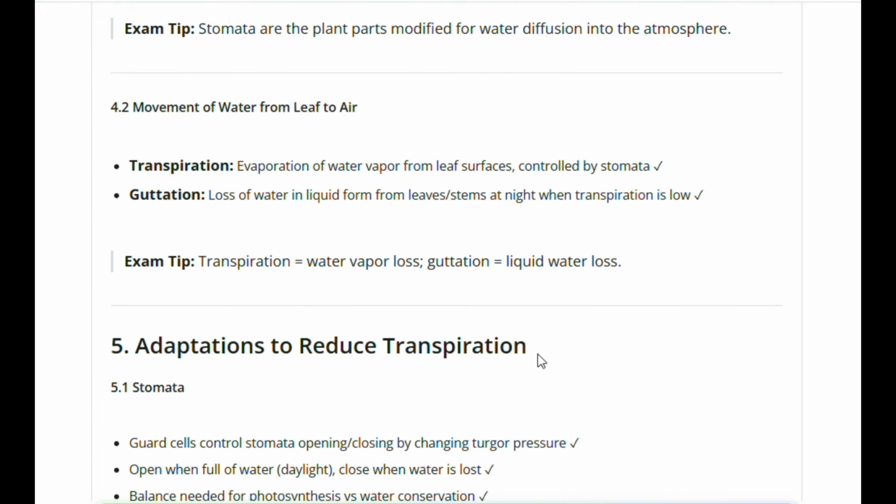Adaptations to reduce transpiration. 5.1 Stomata. The stomata has guard cells.